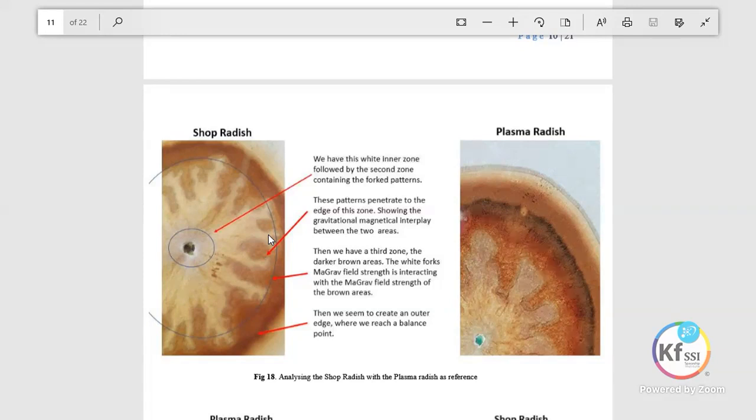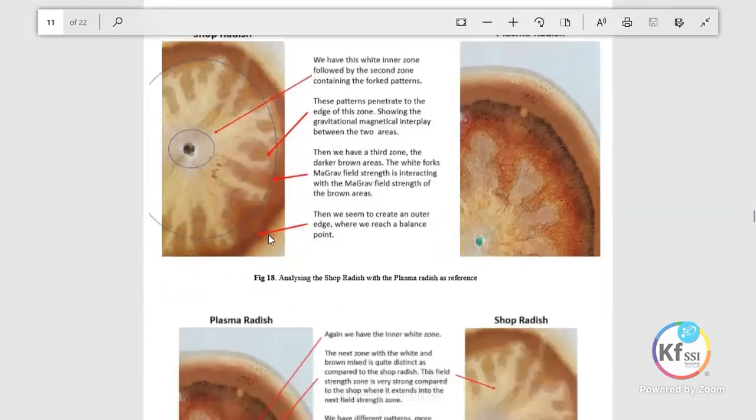As I said, you can see that these white forks, their magnetic field strength is interacting with the field strength of the brown areas. So we get an interplay there. And then we get the real outer edge where we reach a balance point. So those are the pictures that one can pick up from the shop radish.